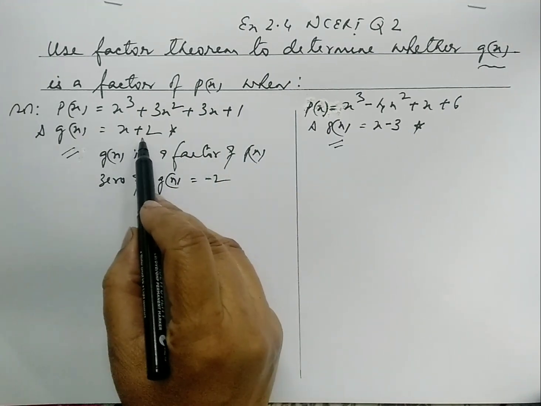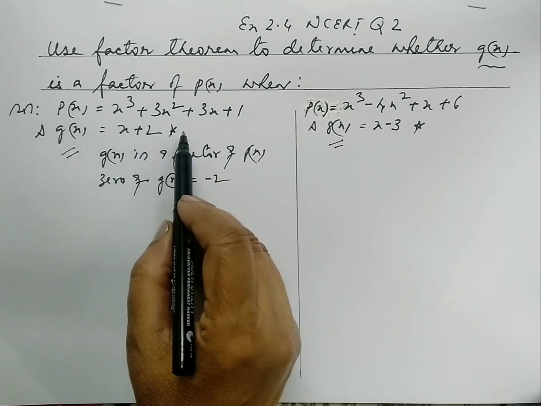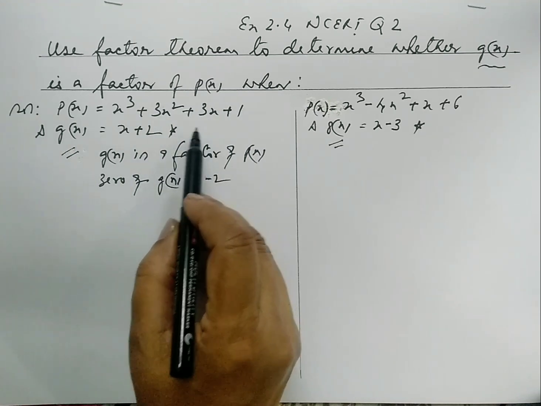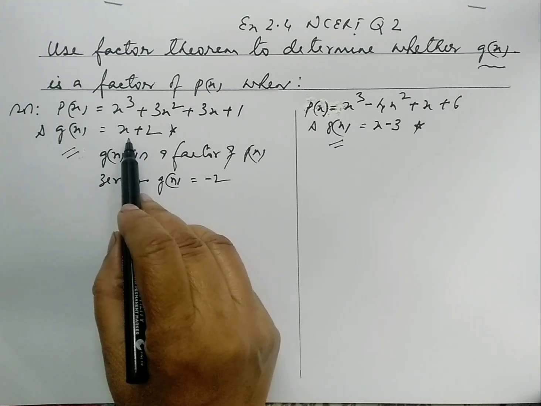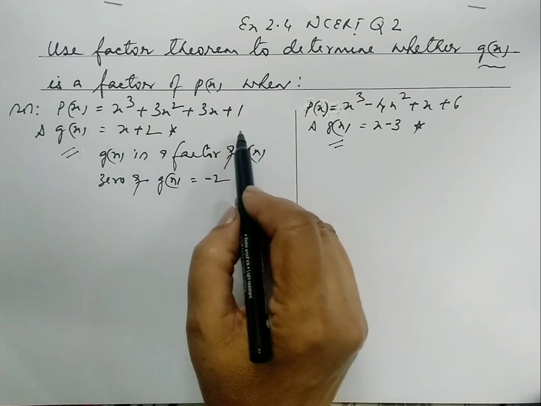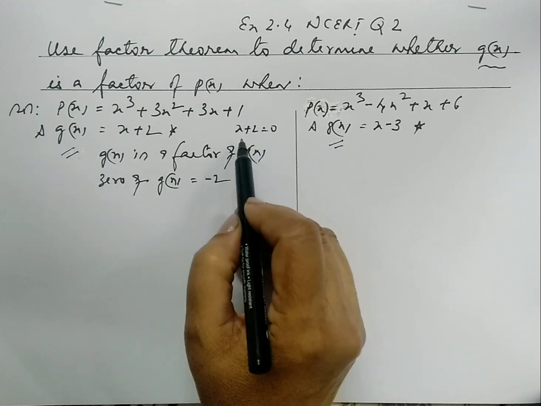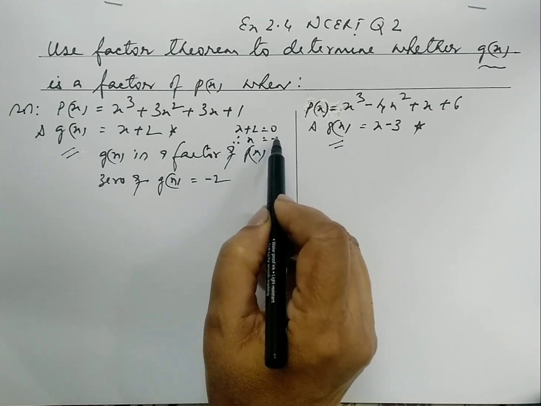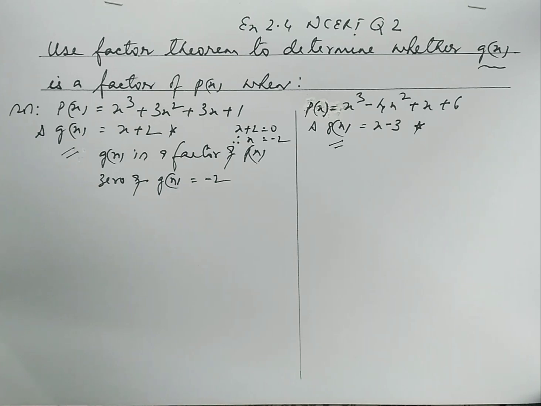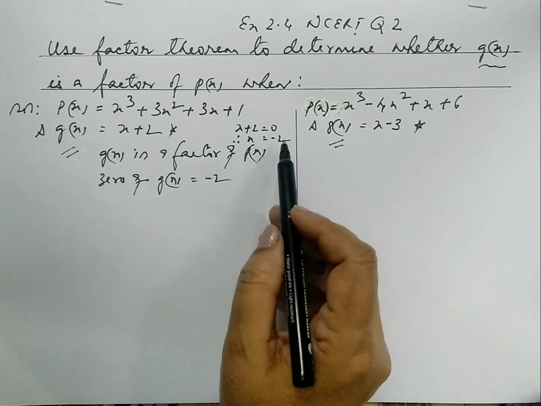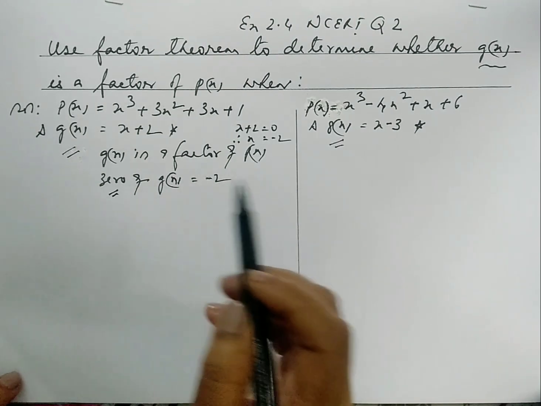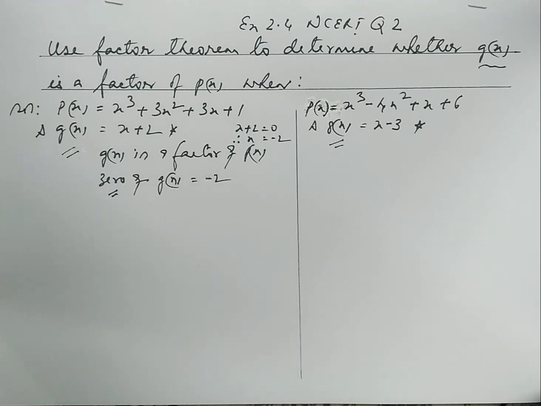Because x plus 2 equals 0. In that case, x will be equal to minus 2. Which is how we find the zero. If you have seen my previous video, you will get clarity about what the zeros of any polynomial are.